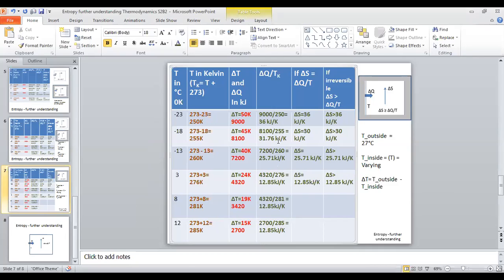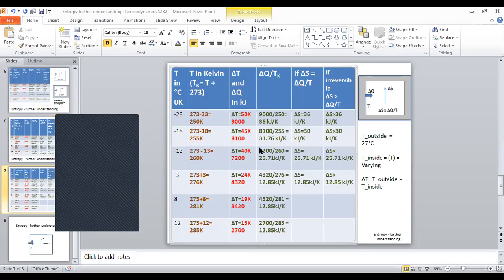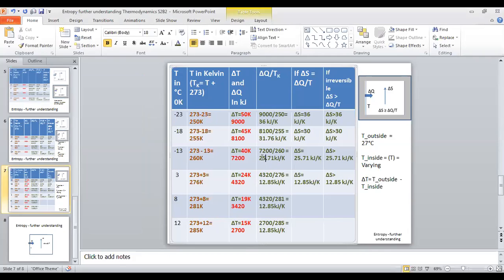So when your thermostat setting is at high temperatures, your entropy generation is less. 7,200 divided by 260, that's the value, 27.69.